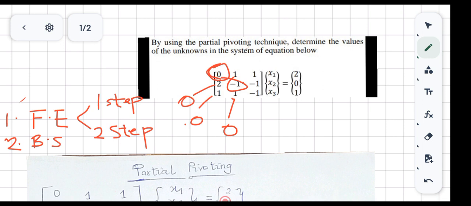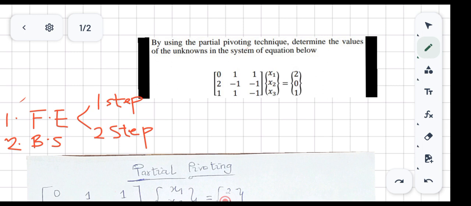But because we are dealing with partial pivoting, this is the algorithm. You first have to check if the pivot element is less or greater, which leads to switching of rows. And listen very well.